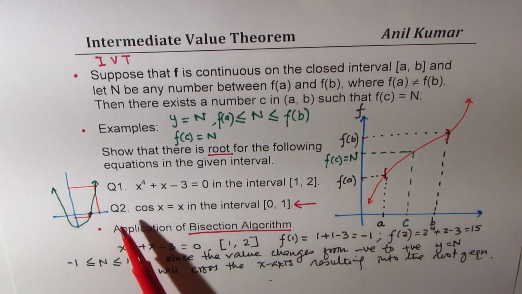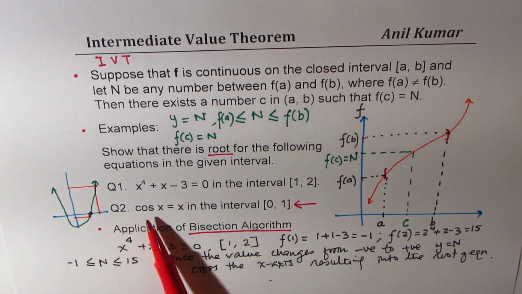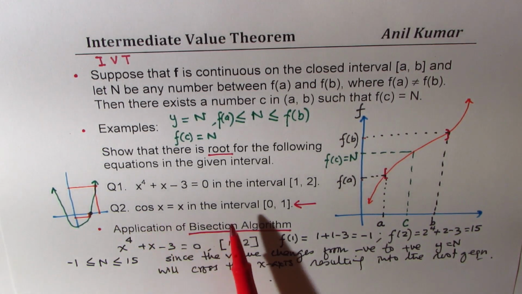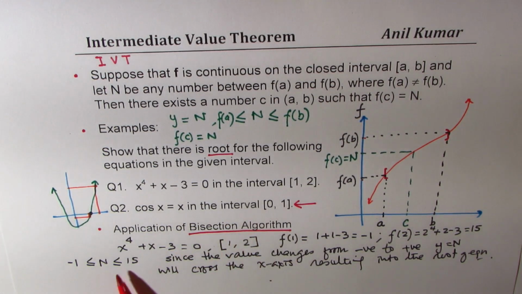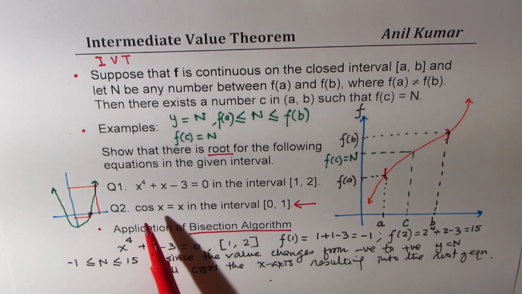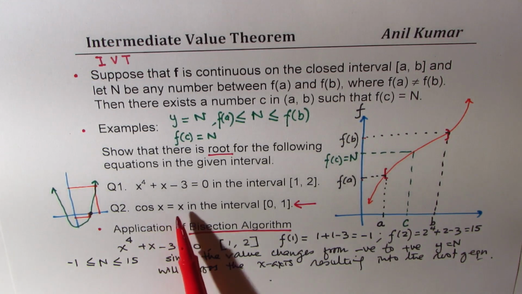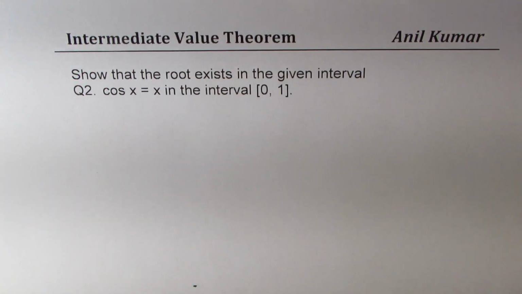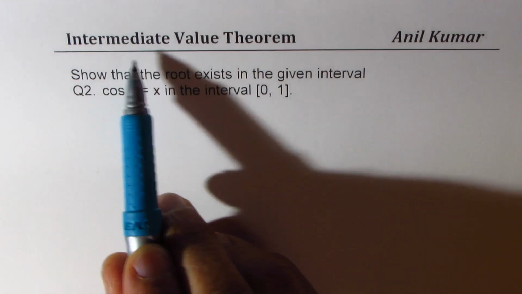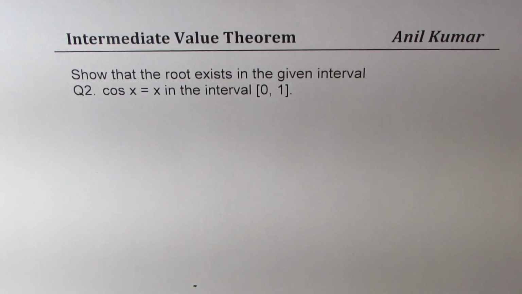Now let's take up the solution of question 2, where I will not only show that the root exists, but in this case, we'll also find the root. Perfect. Let us apply our learnings of the intermediate value theorem and answer the question.